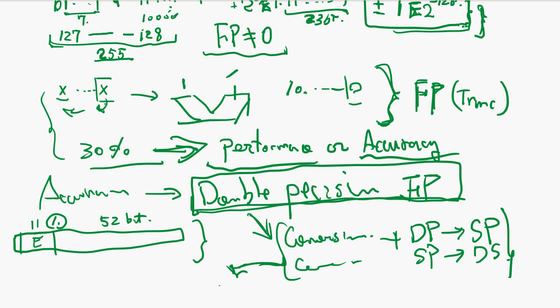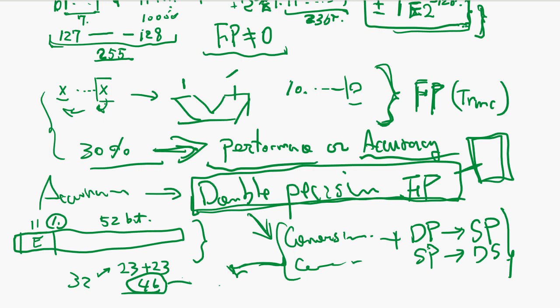So if you worry about accuracy, you use double precision, and the FP chip should be double precision, and provide a double precision result using single precision numbers, because 32-bit, when you do multiplication, produces 23 plus 23, a 46-bit result.